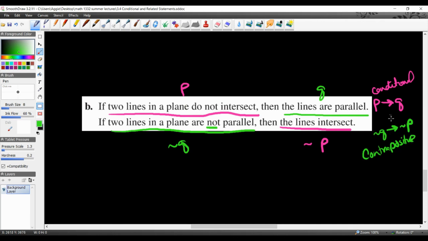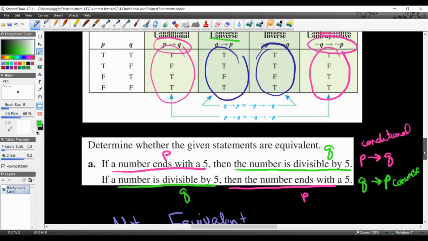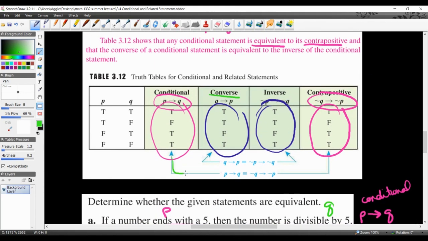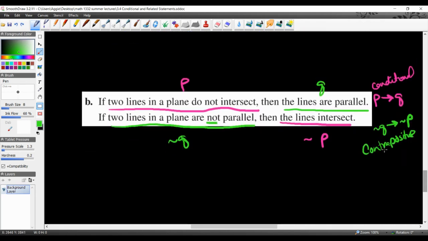So if we have both of these, are they equivalent? Well, let's see. Conditional, contrapositive. So yes, these statements would be equivalent.